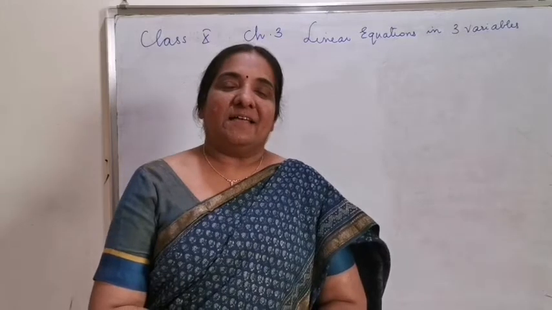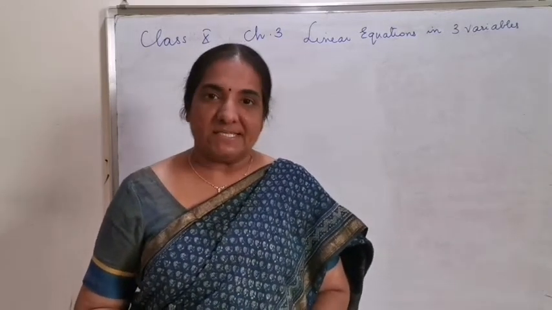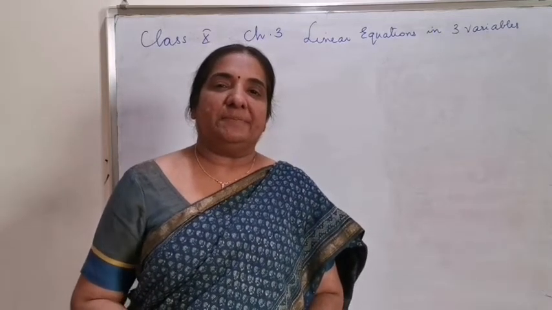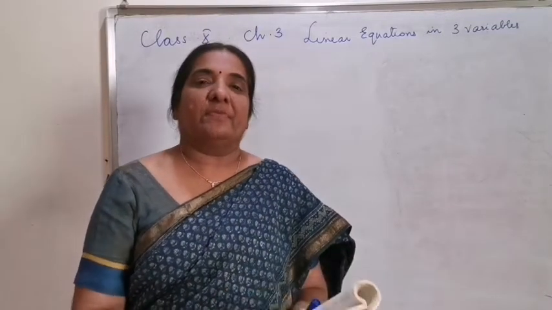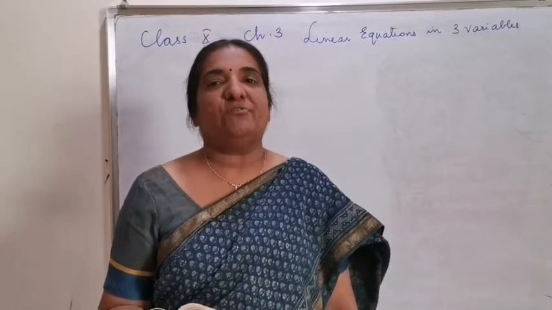We did equations reducible to linear equations in our previous class. Word problems based on this concept are in exercise 3.6. Let's start with the word problems related to those types of solving.